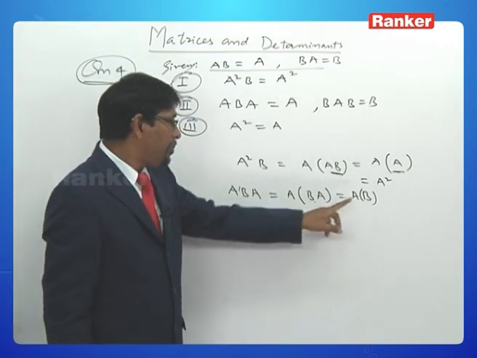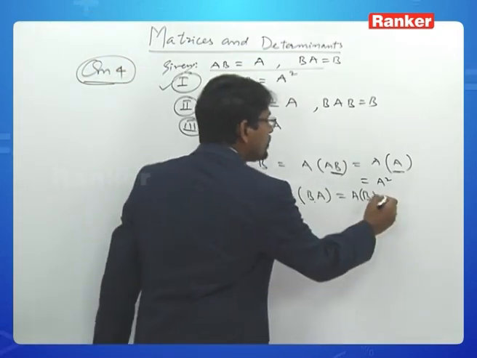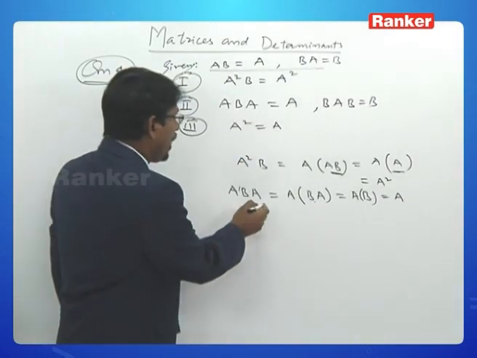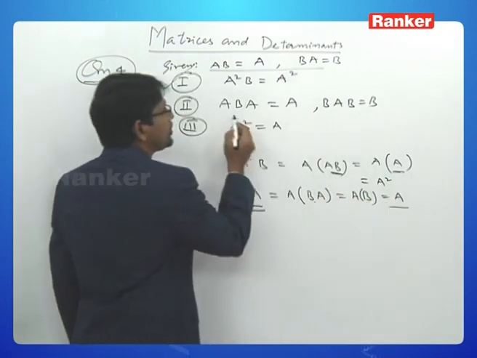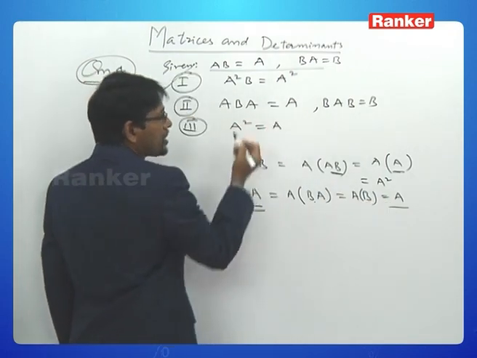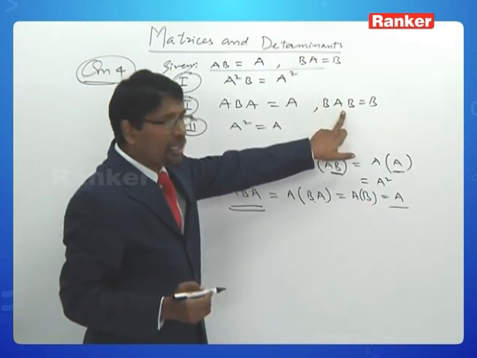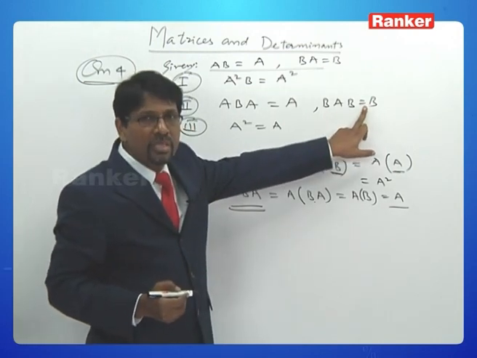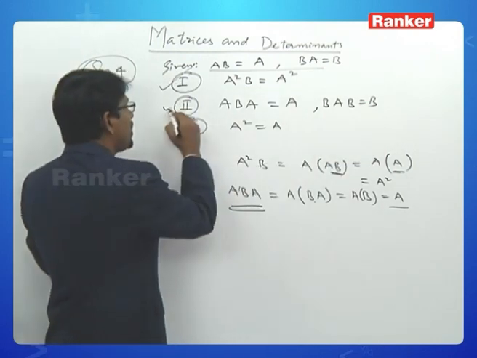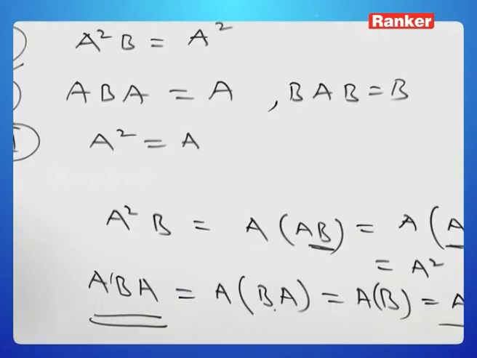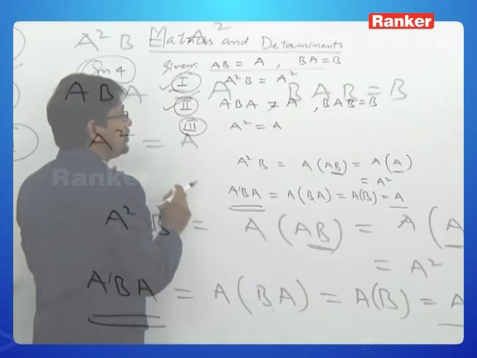And what is AB? Again, A. So ABA is equal to A. So this part is correct. Similarly, we can also conclude that BAB is equal to B. So this is true.